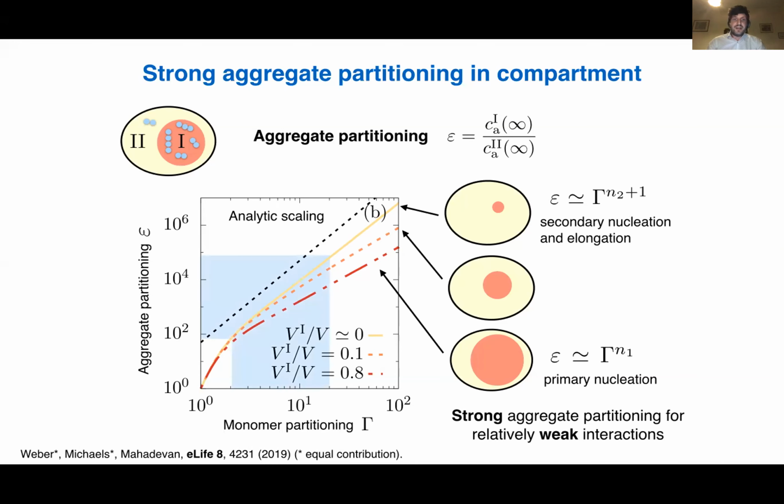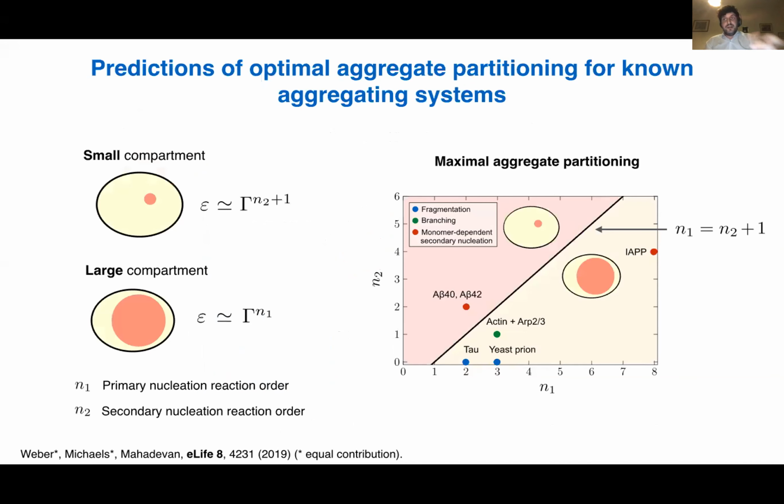And it's interesting to note that this switch of exponent in the power law means that, depending on the value of N2 and N1, having a small or a large condensate will yield a stronger enrichment of the aggregates.